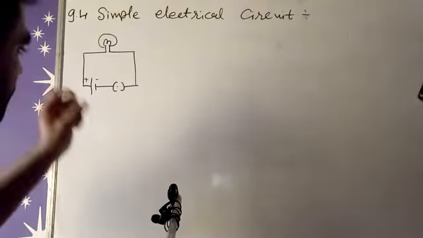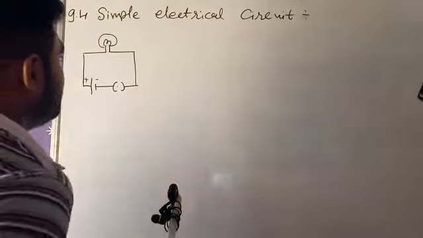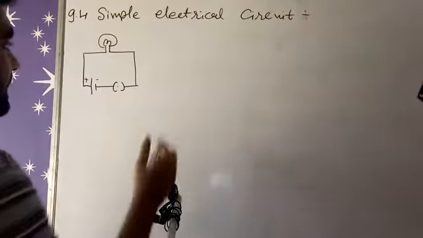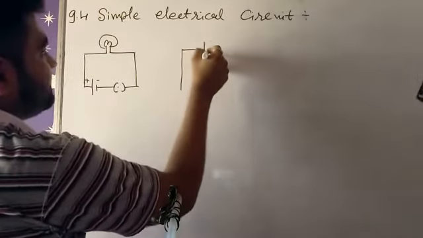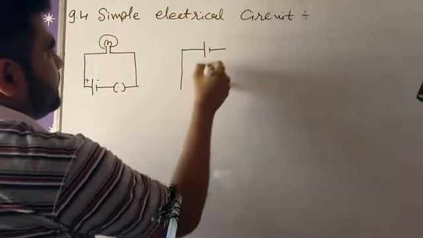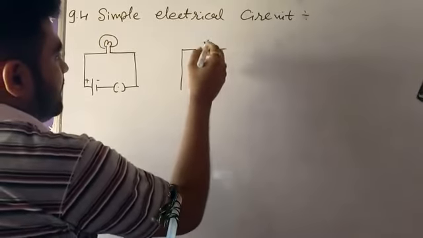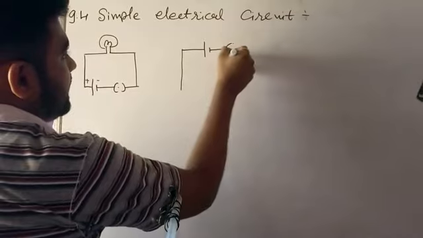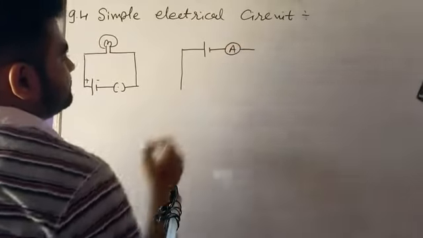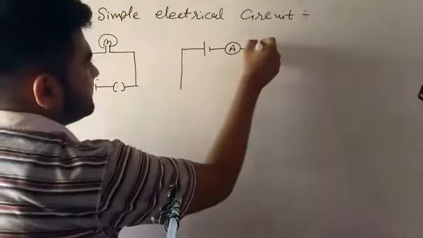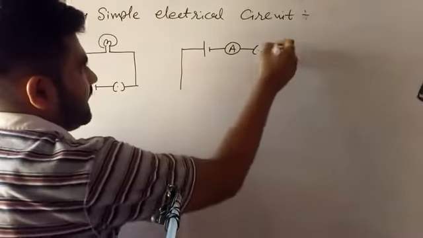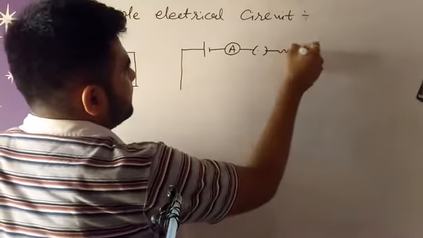Okay, now I am drawing one more circuit diagram. In this circuit diagram, one cell is there. With this cell we connect one ammeter, then one switch, the key, and further we have one rheostat.